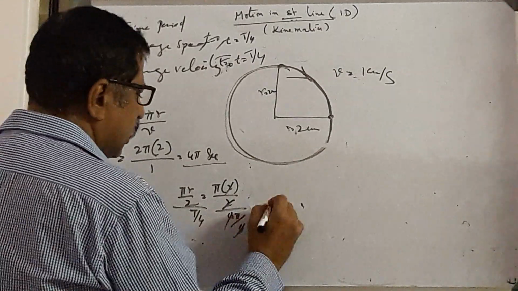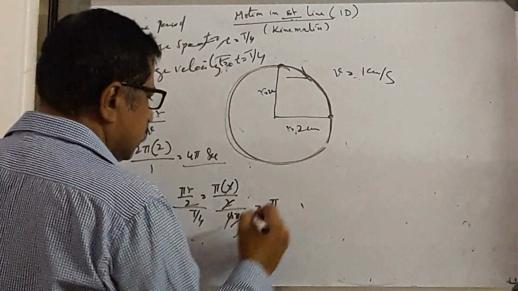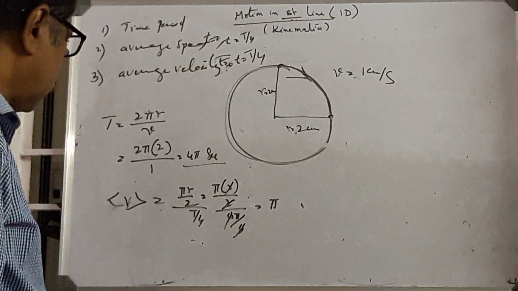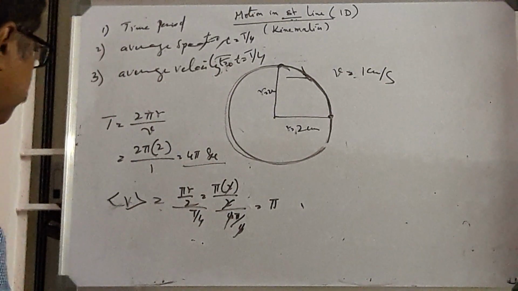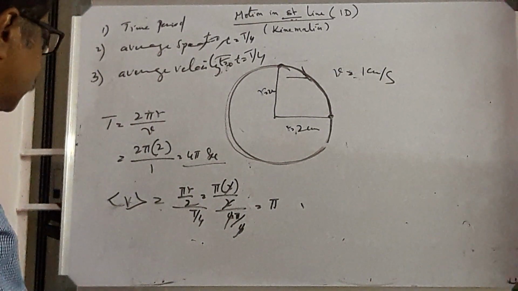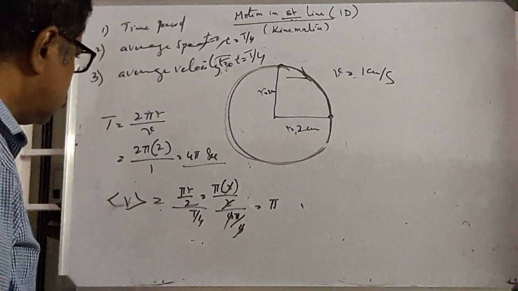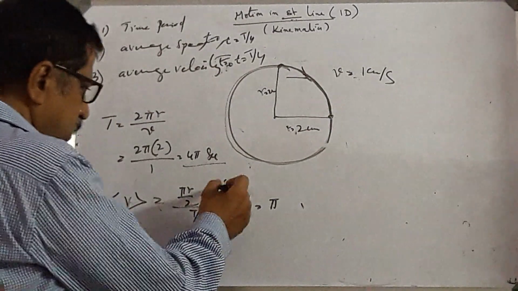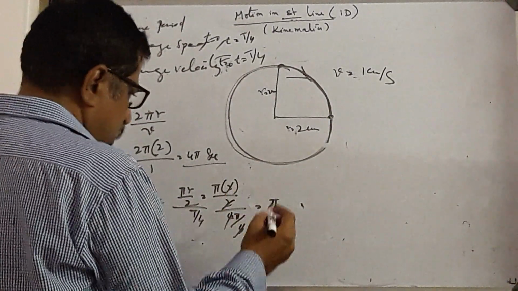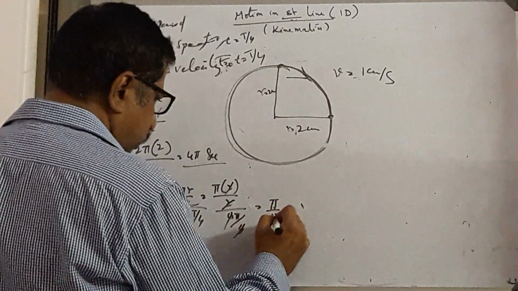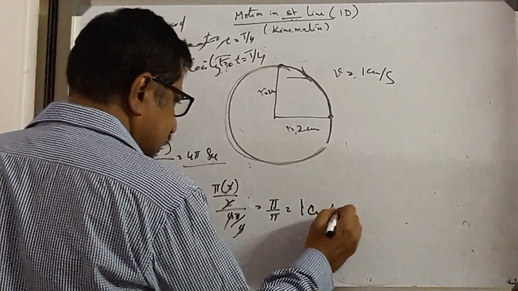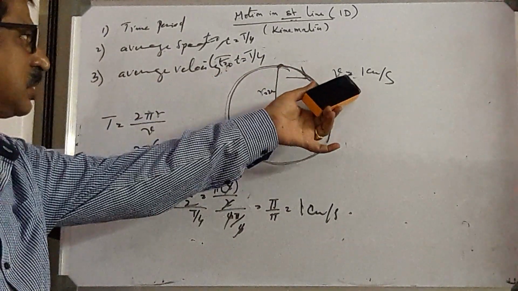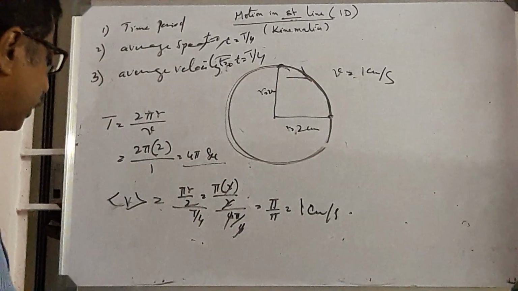These cancel, pi by pi. That means 1 centimeter per second. Here the speed is constant, it is moving with constant speed 1 centimeter per second.